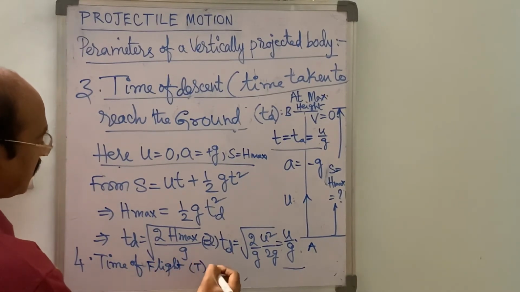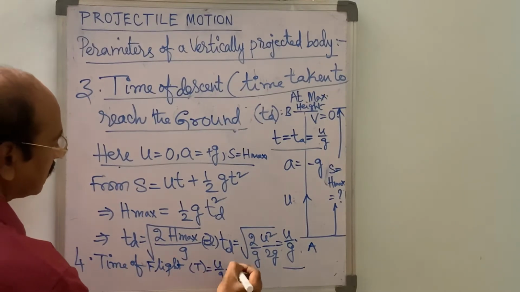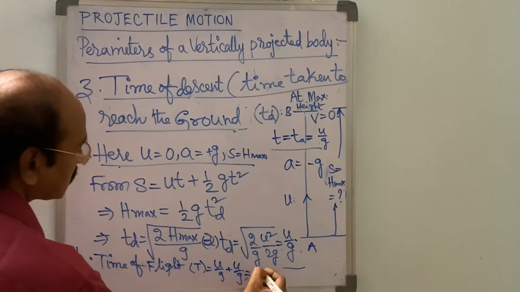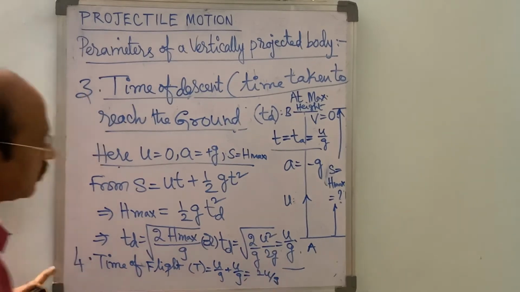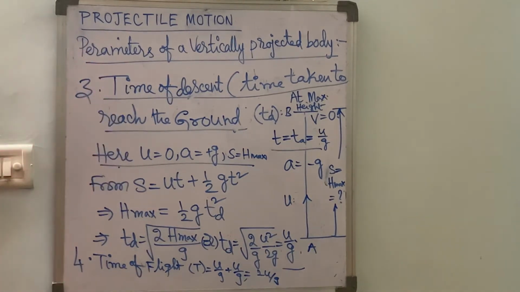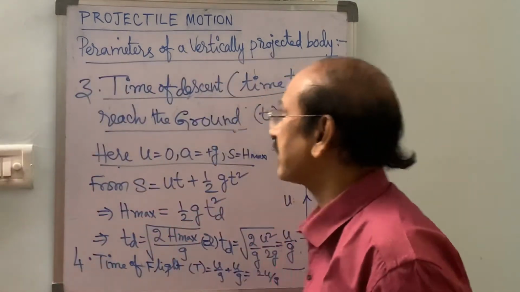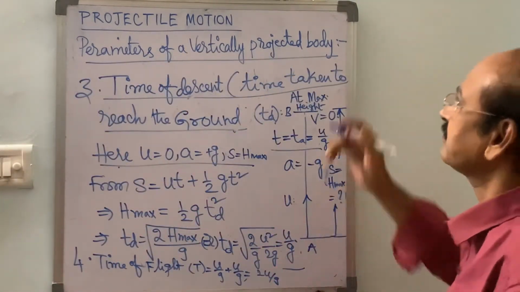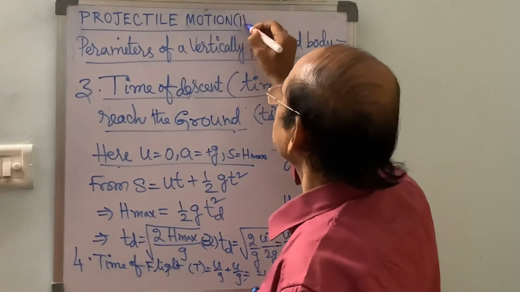It is represented by capital T. So in the case of vertical projection, it is equal to 2u by g. Now let us discuss the horizontal projection, horizontally projected body.